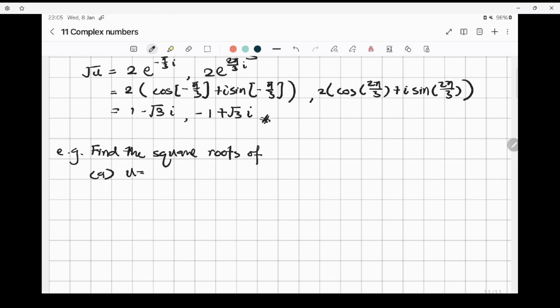So u is given by half e^(pi/2 i). If you were to do the method 1 case, you will need to convert this. So this is cos pi over 2 plus i sin pi over 2.